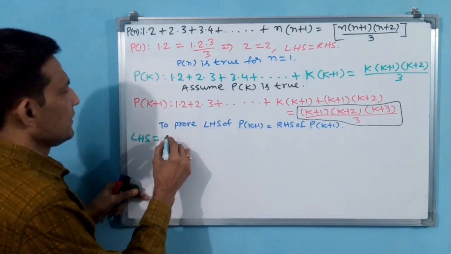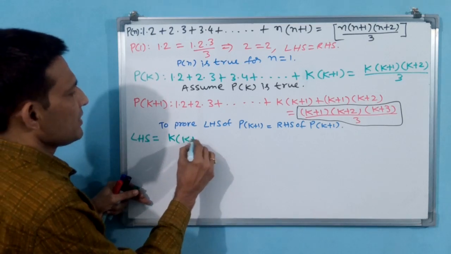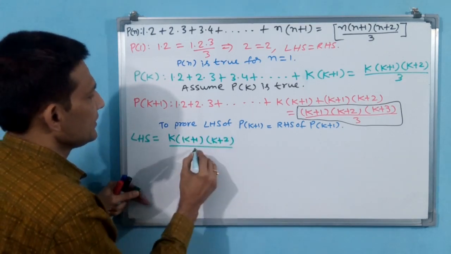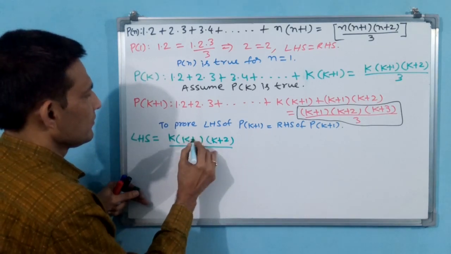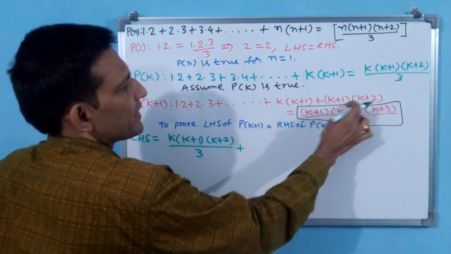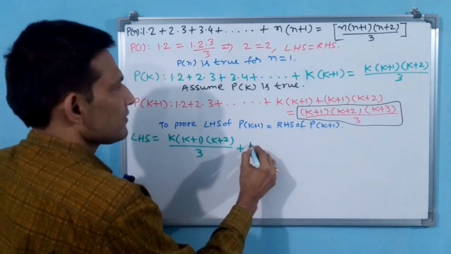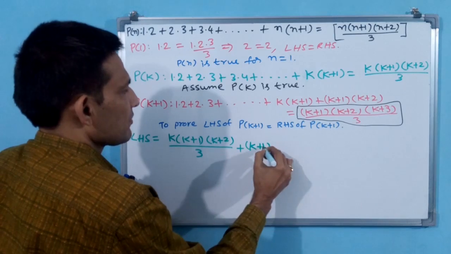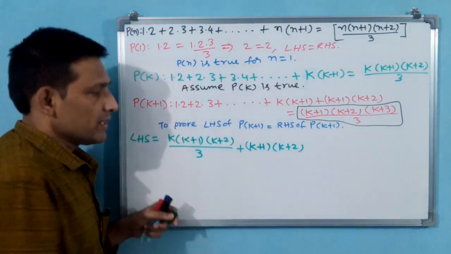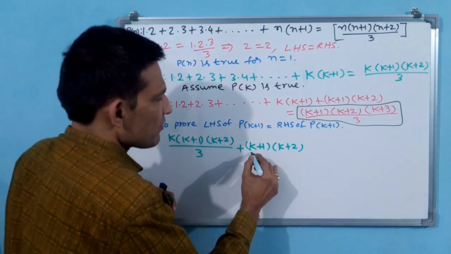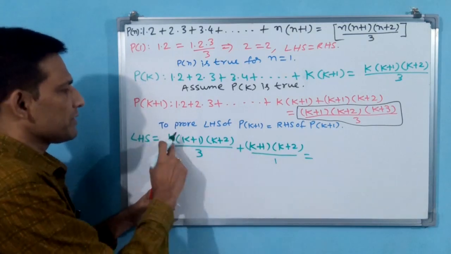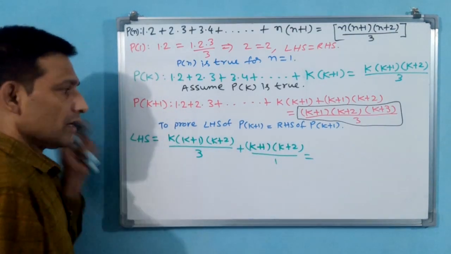Okay, you write down k into (k plus 1) into (k plus 2) by 3, plus (k plus 1) into (k plus 2). Okay, so here if nothing is there you can put 1, because for cross multiplication it is very essential. Now you cross multiply.